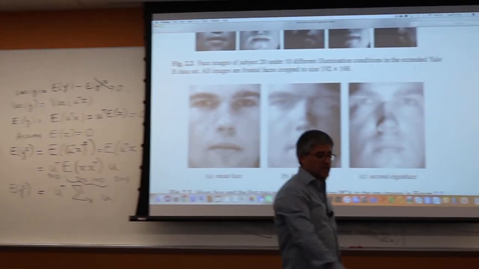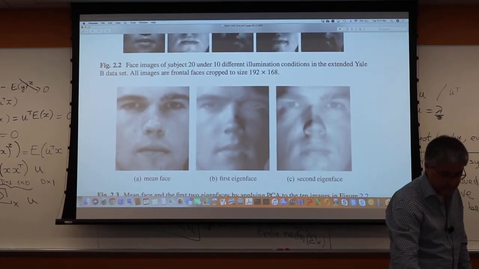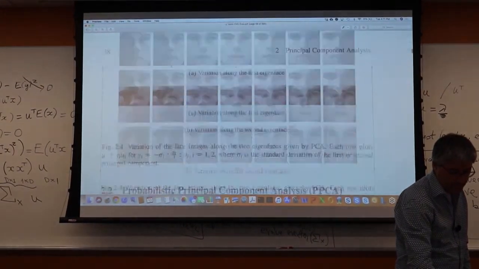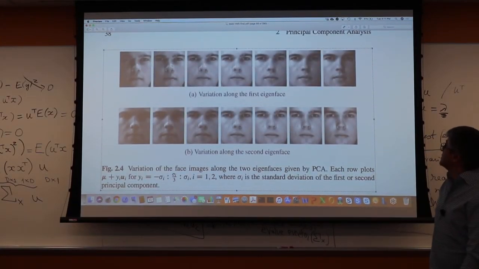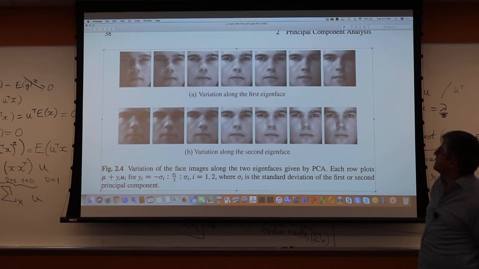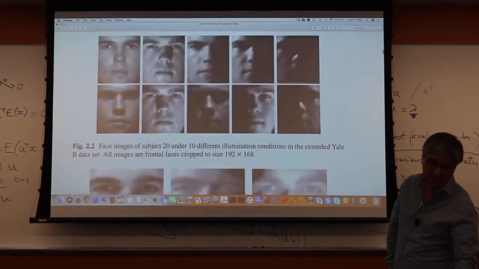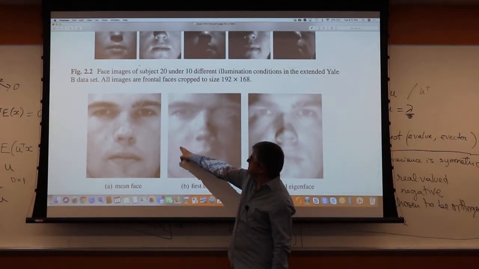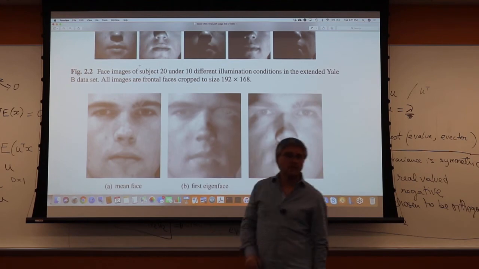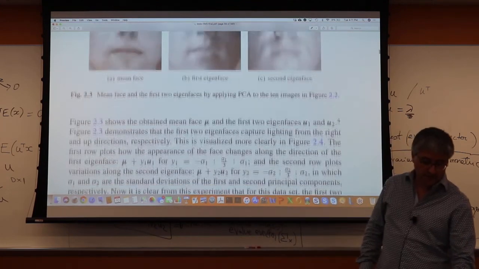We're going to take, here it is, the picture on the top, variation along the first eigenface. And I go back to the first eigenface, and I kind of said that there was more light on the right than on the left. So if I start varying in that direction, what happens?